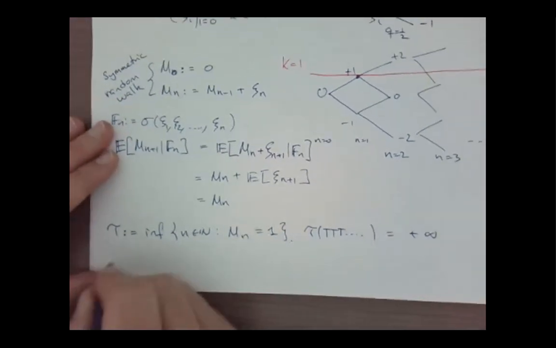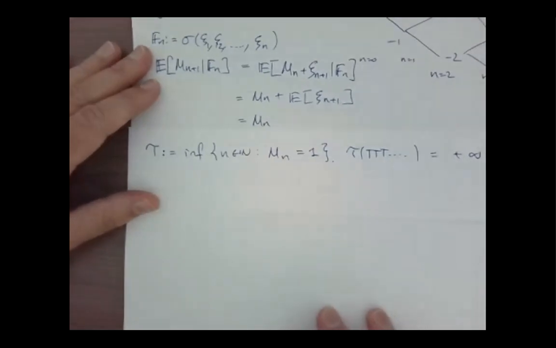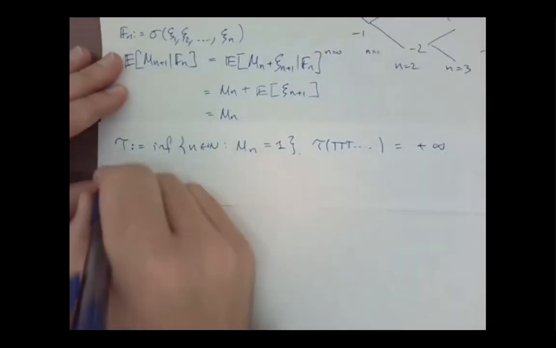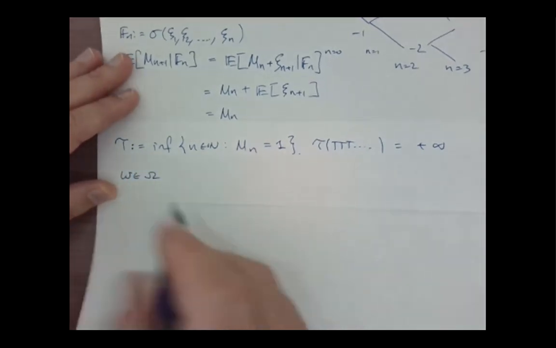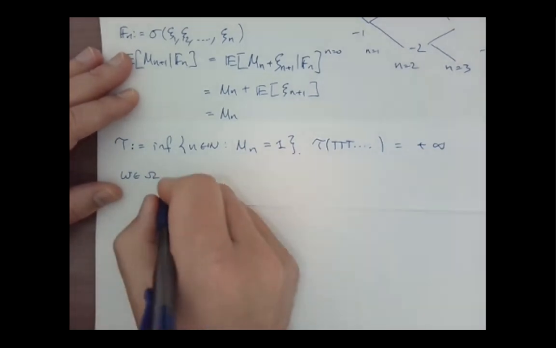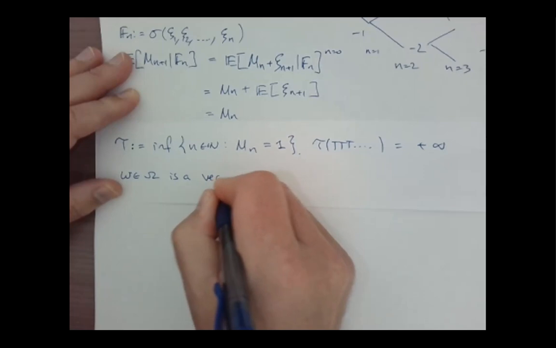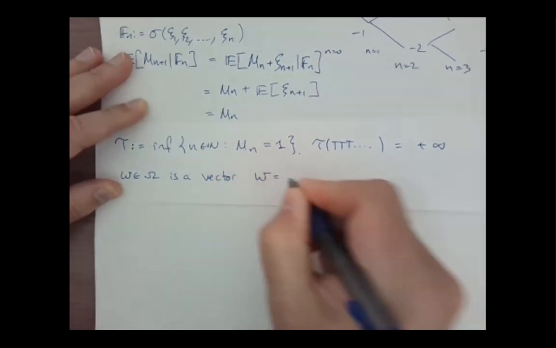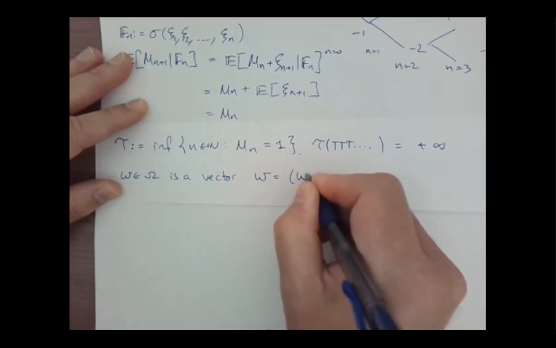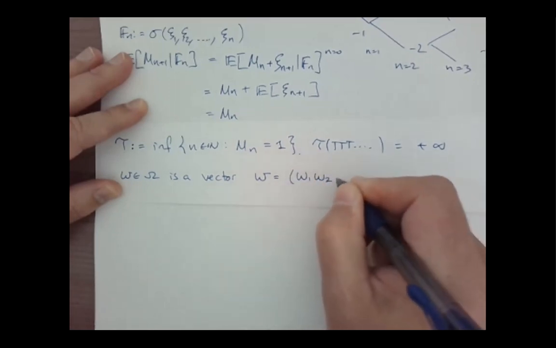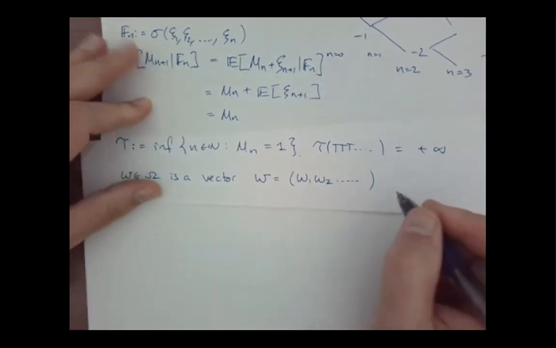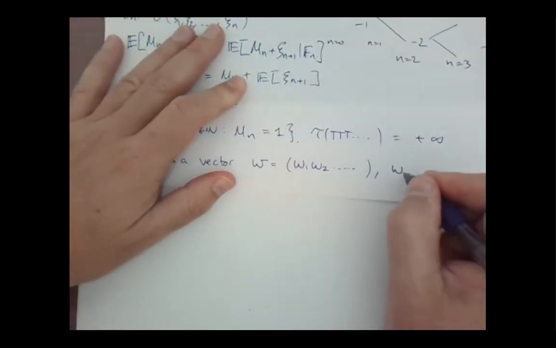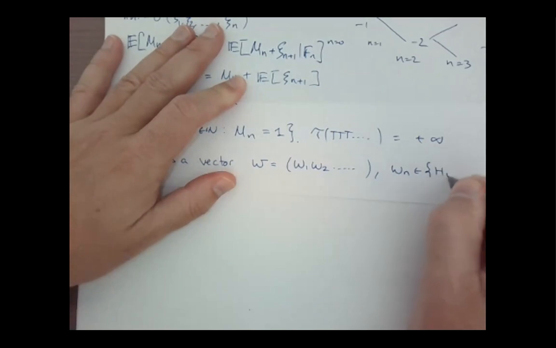Now here my omega, there were some issues with this in the midterm, so let me try to be more explicit here. Right here, omega in little omega and big omega is a vector. Omega equals omega 1, omega 2, and so on. So it's an infinitely long vector with components omega n being either heads or tails.